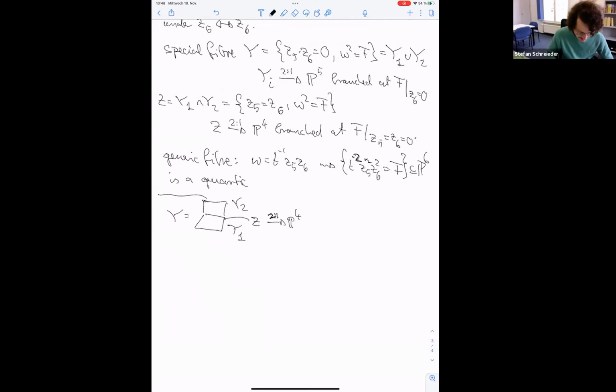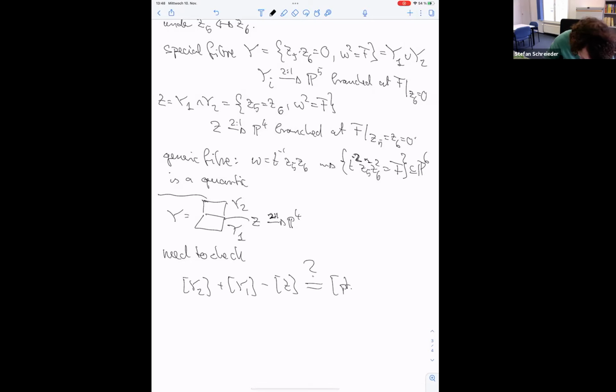Okay, so why do they insist on the symmetry? So we need to check the following thing. The formula says that the sum of the components minus the intersection, we need to check if this is the same as the class of a point in this free abelian group of stable birational equivalence classes.